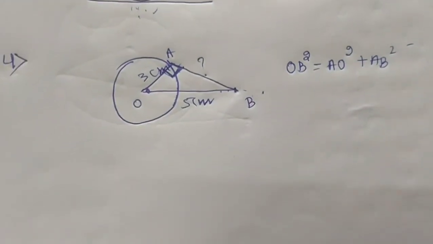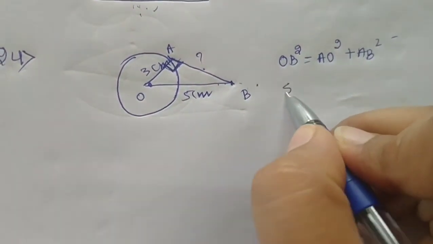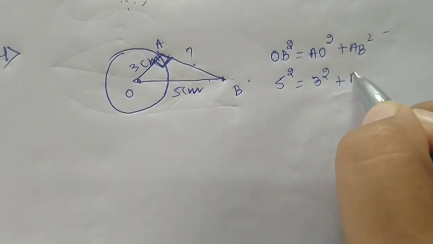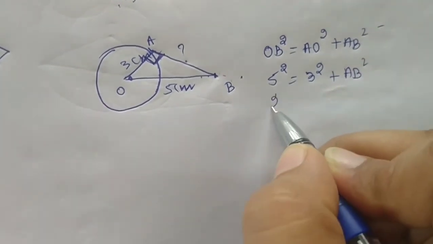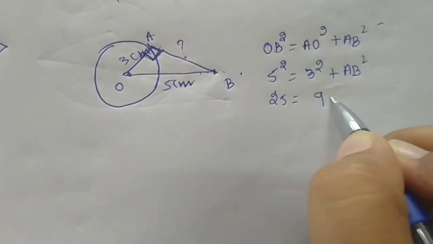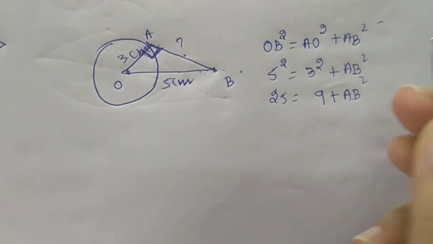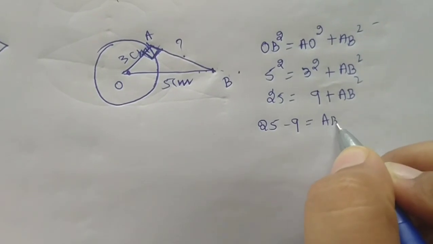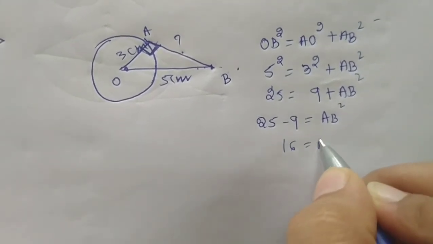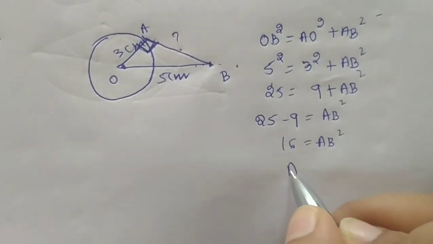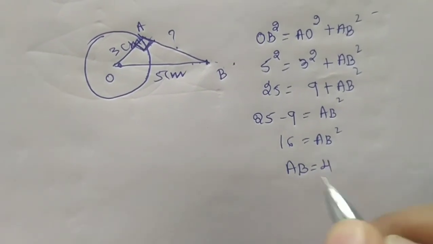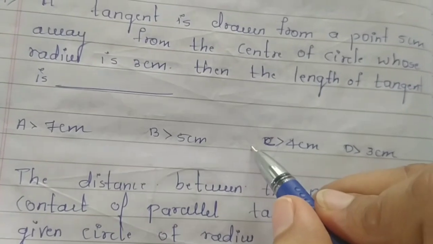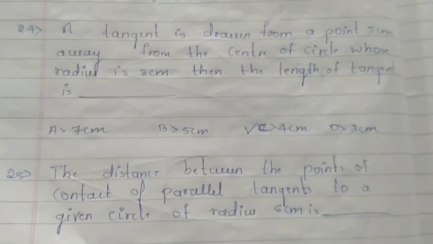OB square is 5 square and AO square is 3 square, so 25 is equal to 9 plus AB square. So 25 minus 9 is equal to AB square, 16 is equal to AB square. So the value of AB is 4 centimeter. So the correct answer is option C here.